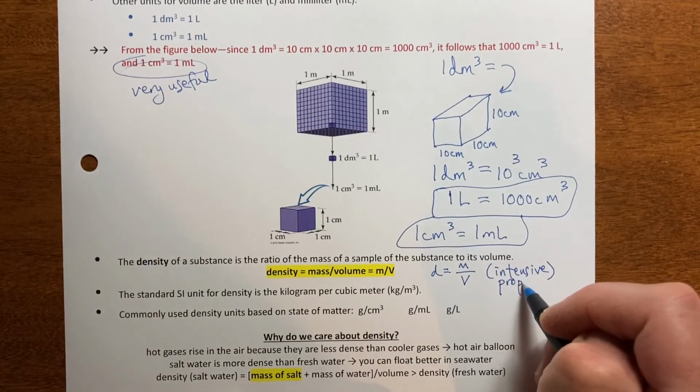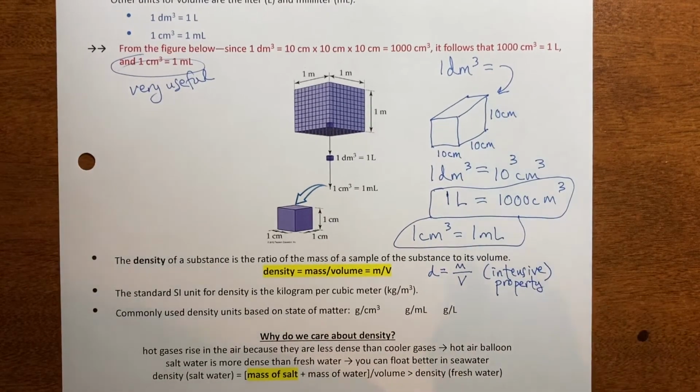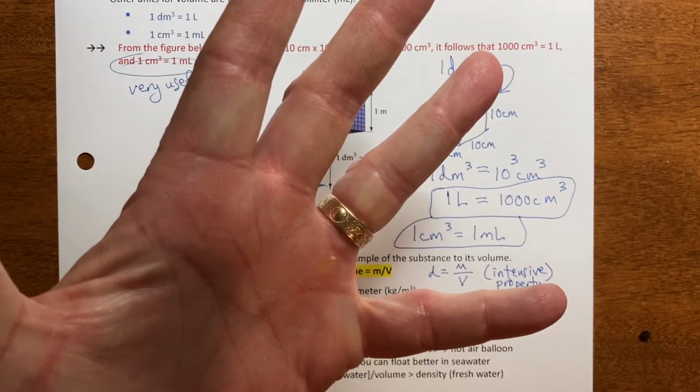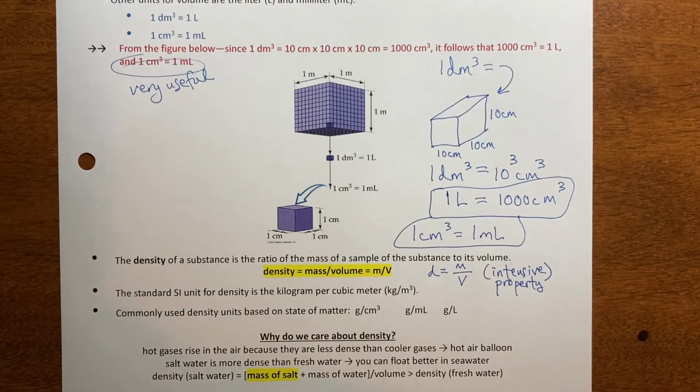It's a property of matter that doesn't depend on how much of that stuff that you have. So the density of my gold ring will be the same as the density of a chunk of gold that's the size of a football. It's an inherent quality of gold, or whatever element or compound you're talking about.